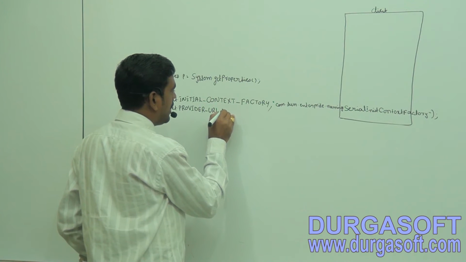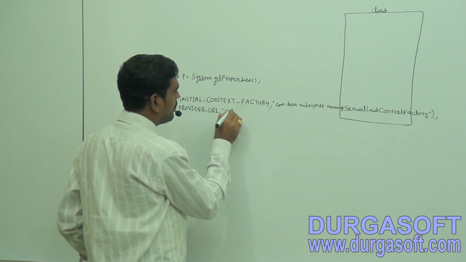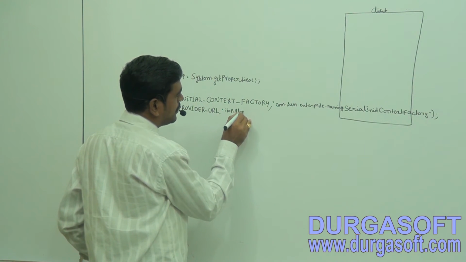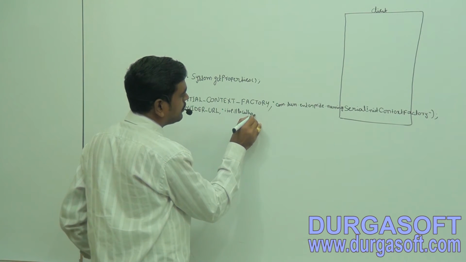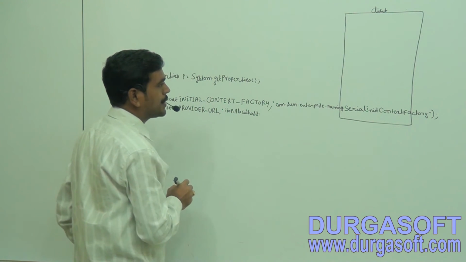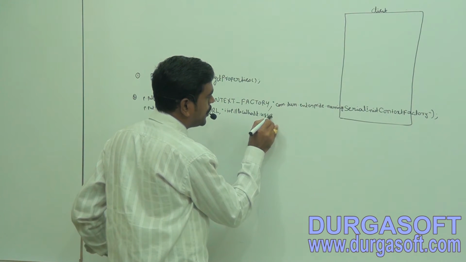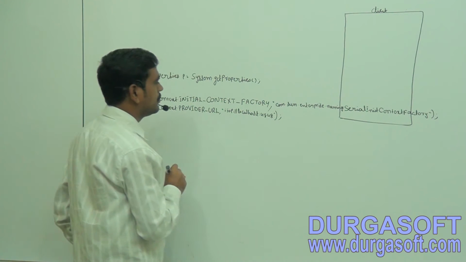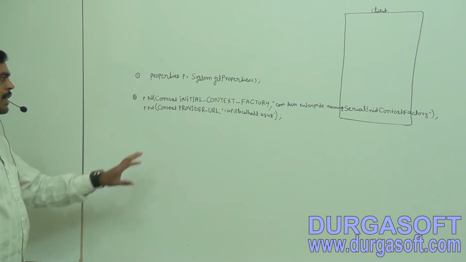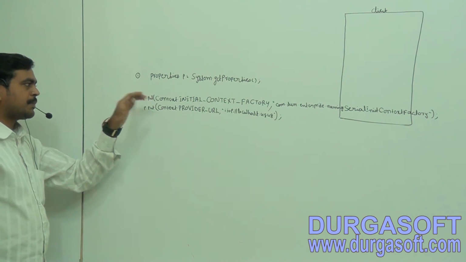What is that URL? iiop://localhost:4848, where 4848 is the port number. Now I am setting these two properties into this P object.